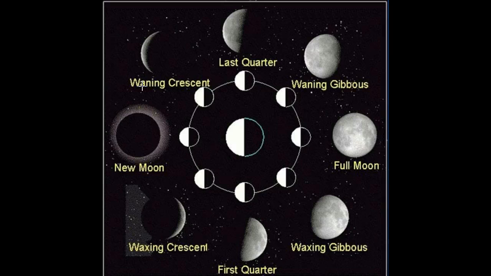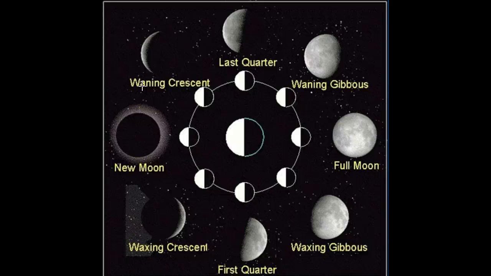Fewer people notice the moon during the day from about last quarter on. Why? Because the sun's glare begins to dominate the moon. Write that down. And why is that? Because now the moon's getting closer to the sun.